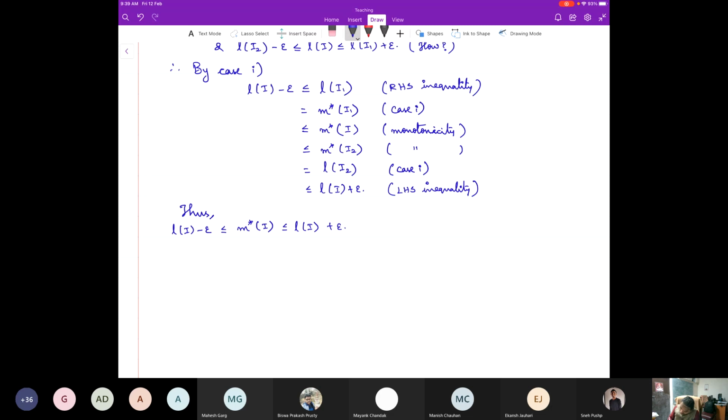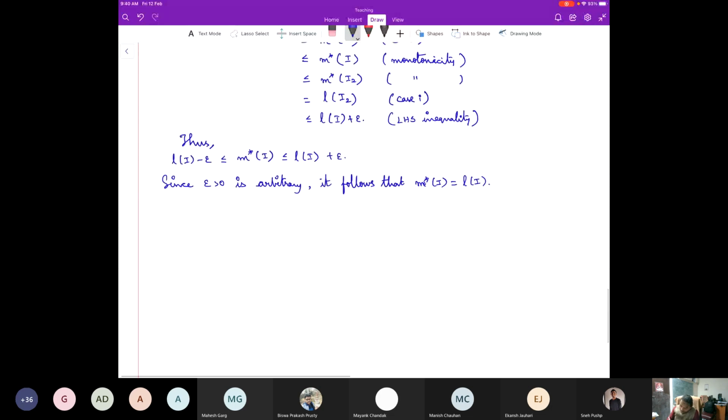So since epsilon greater than 0 is arbitrary, it follows that m star of I is equal to length of I.